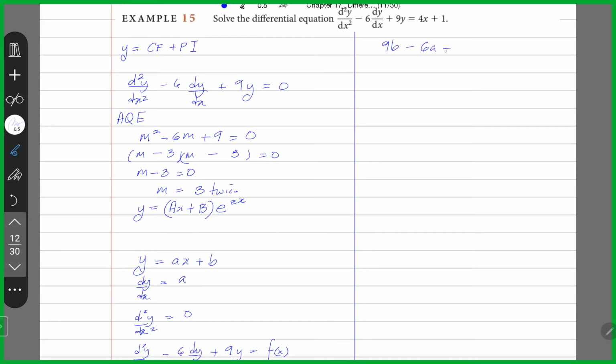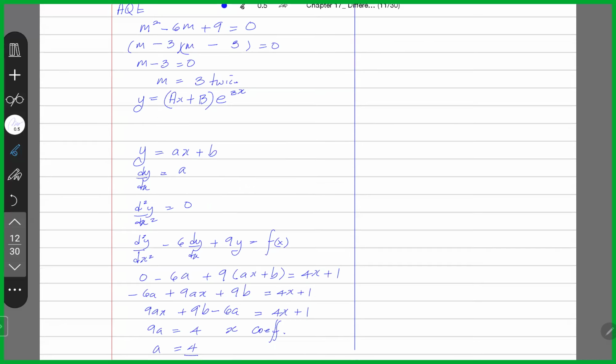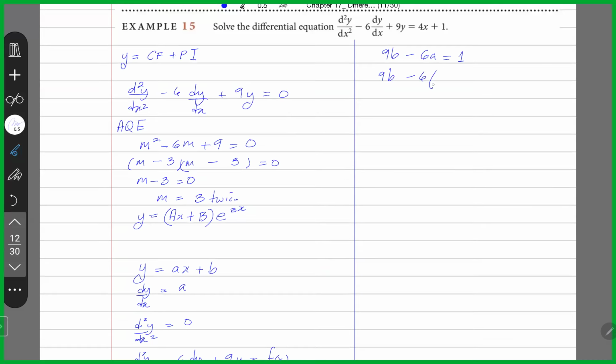This is 9 times b minus 6 times a. a is 4 over 9, so 9b minus 6 times 4 over 9 is equal to 1. 3 into this is 2, 3 into this is 3.